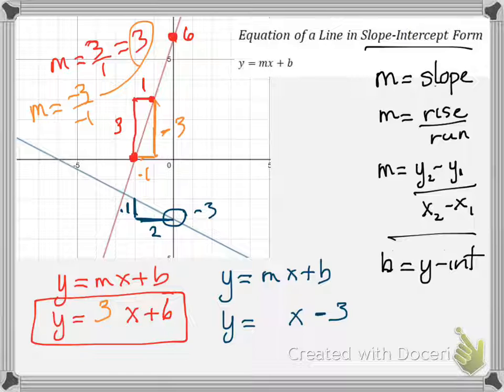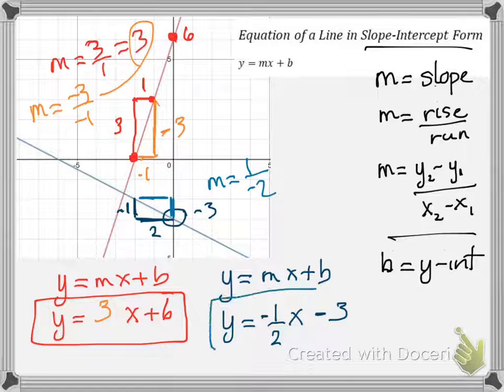So it's going to be a negative 1 over 2. If I had started at the bottom, I would have had a rise of positive 1 and a run of negative 2. But a fraction with a negative on the top is the same thing as a fraction with a negative on the bottom, so I have the same thing either way.